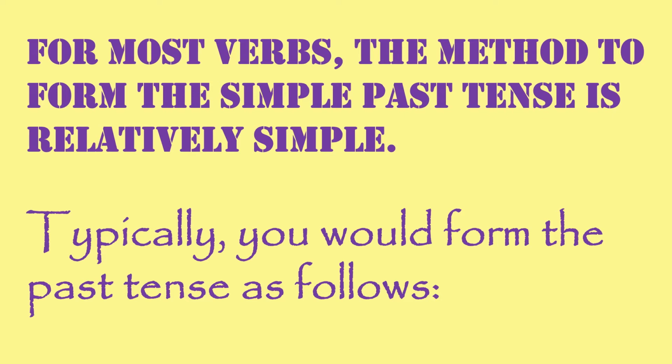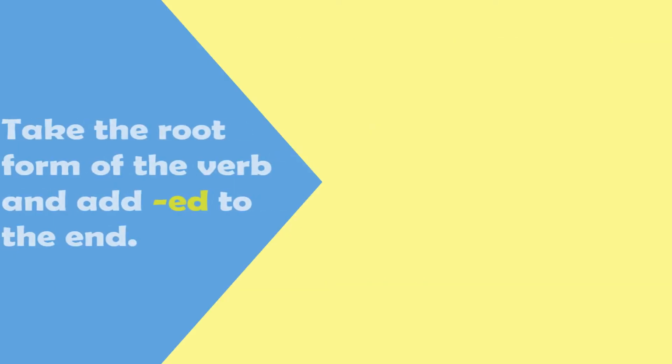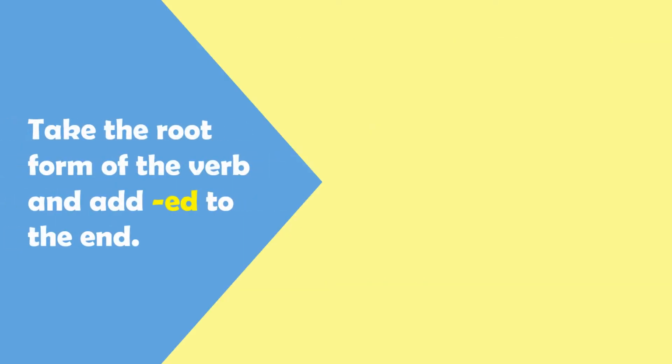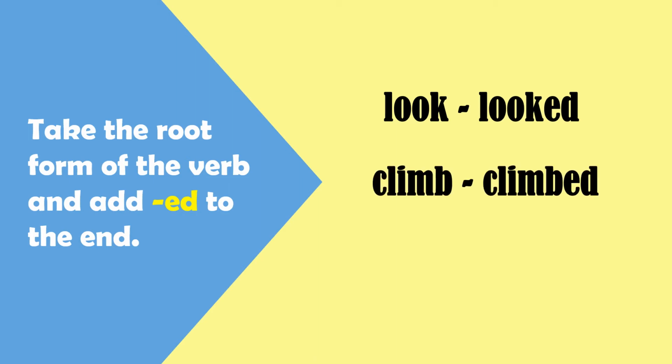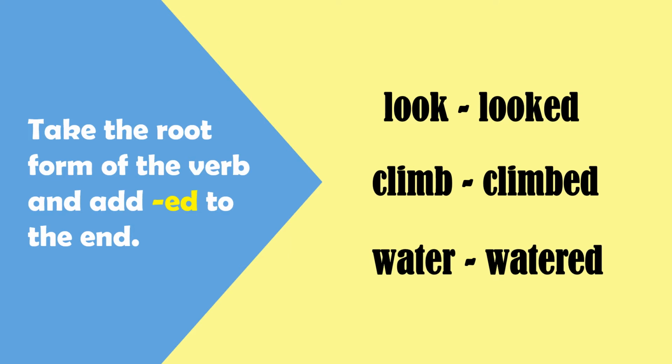Typically, you would form the past tense as follows. Take the root form of the verb and add -ed to the end. For example, look becomes looked. Climb, climbed. Water, watered.